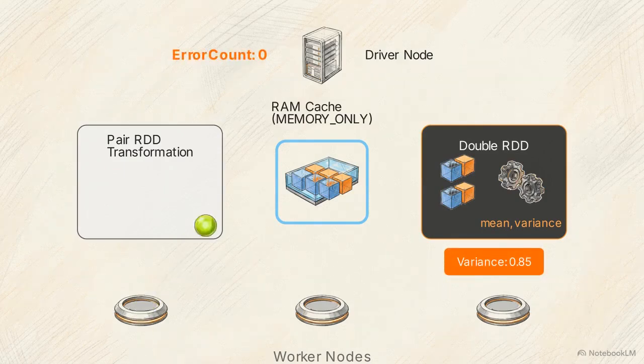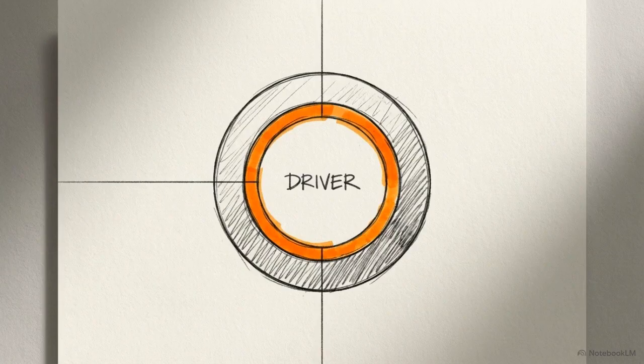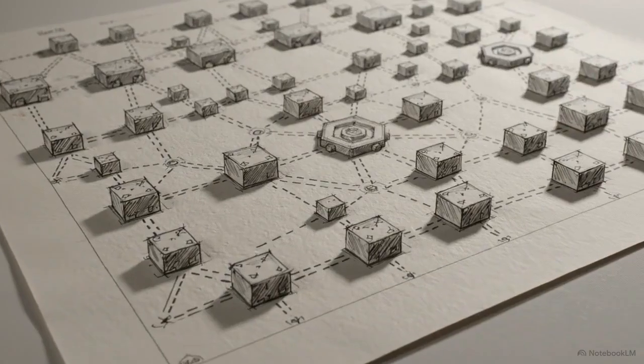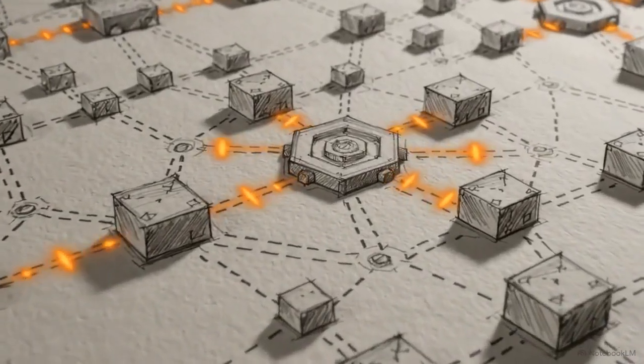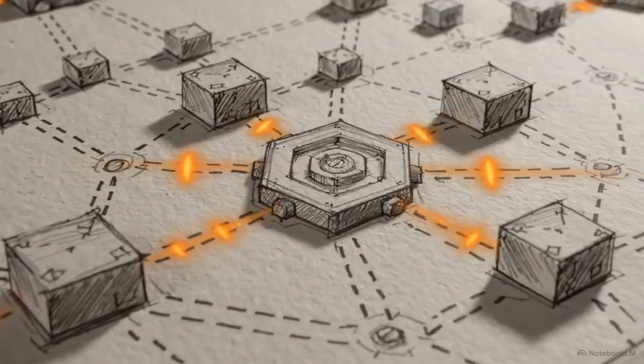Simultaneously, workers push row-level error counts up to the driver through an accumulator. The driver node retrieves the statistical results and the global error count at the same time, having bypassed multiple potential network bottlenecks. Advanced Spark programming is defined by the explicit management of distributed data structures and the tiering of cluster memory to minimize expensive network operations.